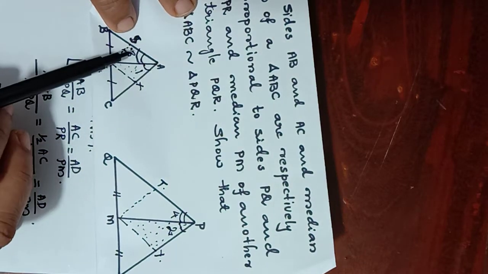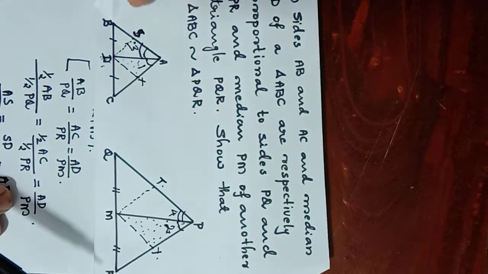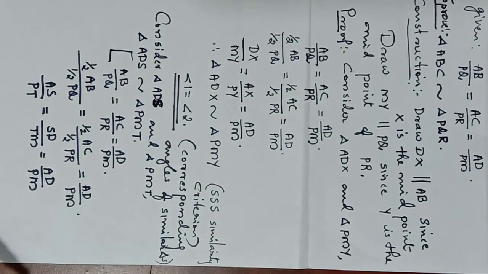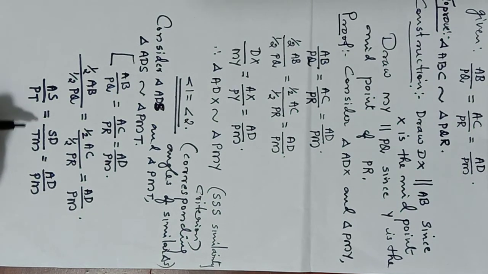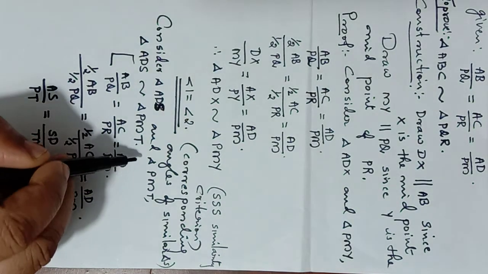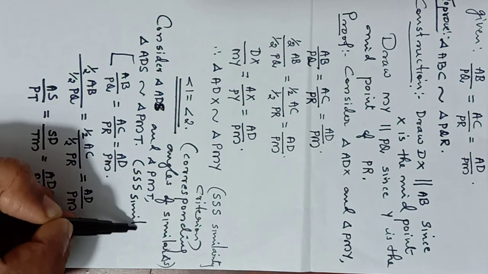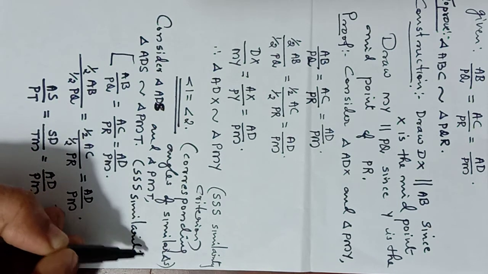Hope you understood. Therefore, angle 3 is equal to angle 4 since corresponding sides are proportional, corresponding angles are equal. So, these are the possibilities here we have. So, it is by SSS similarity criterion.